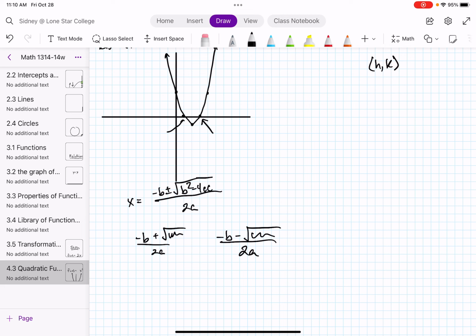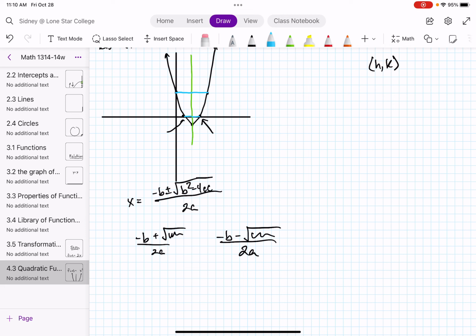What I want to point out here is that there's symmetry. There's a very specific symmetry, and the symmetry is over what we call the axis of symmetry. You'll notice that points on a parabola are equally distant when they have the same y value. It is a perfect mirror image over this axis of symmetry, that line in the middle there.